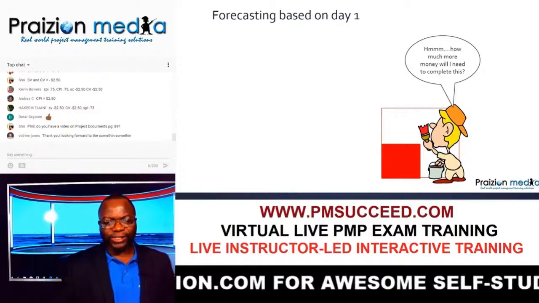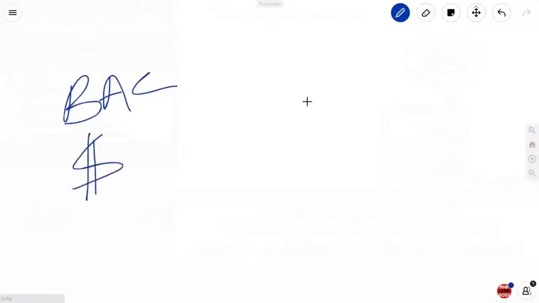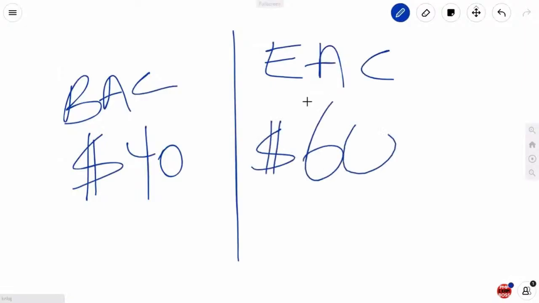So let me give you a very practical view of the world concerning these metrics. Let's go over to our whiteboard. And over here, this is the picture. If your BAC is $40, but your EAC is $60, that means at the end of the project, when all is said and done, you are going to be spending $60 instead of $40.